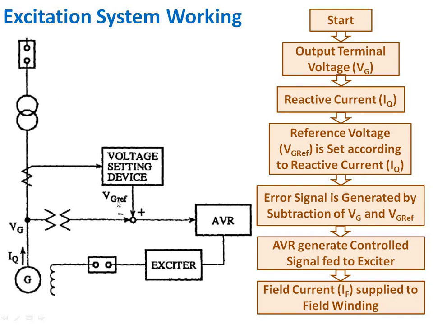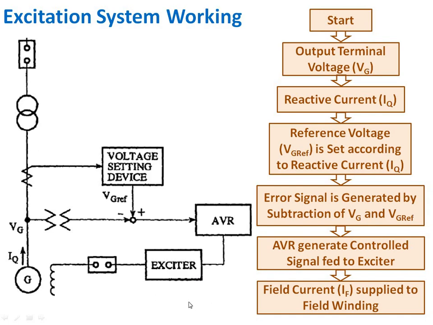This VG reference is compared with the VG, and based on the values of this VG reference and VG, there is a subtraction or addition, and the error signal is generated. This error signal is sent to the automatic voltage regulator, and this AVR will generate the control signal, or the manipulated variable, which is fed to the exciter system.